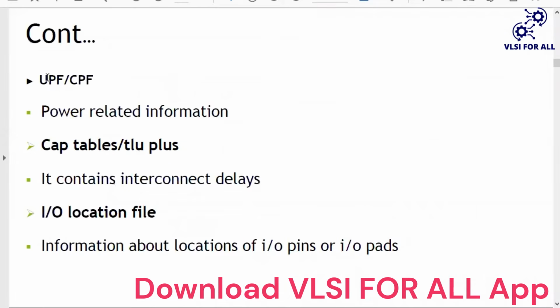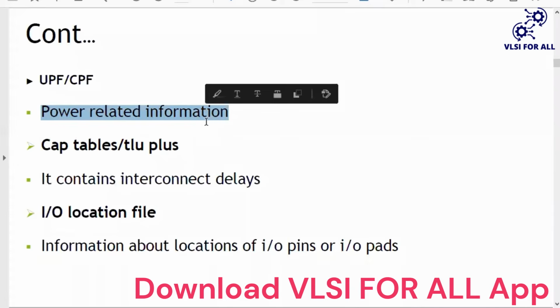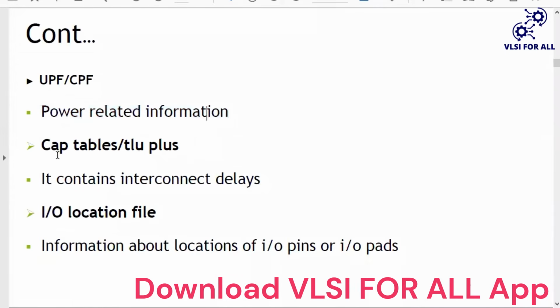Next one is the UPF. UPF is simply power related info. Next one is the cap table and TLU plus. Whatever the tool will be constrained, the transmission capacitance and resistance values of the delay are there.